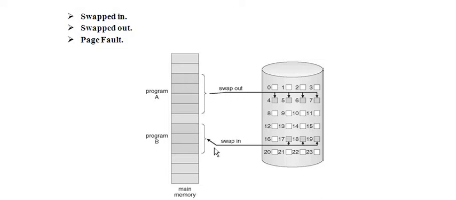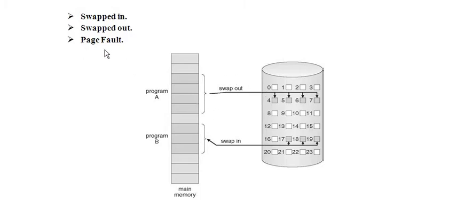I repeat, swapping in is bringing the process or program from secondary memory to the main memory. Swapping out is taking out a program, especially one which is not in use, and sending it back to secondary memory.